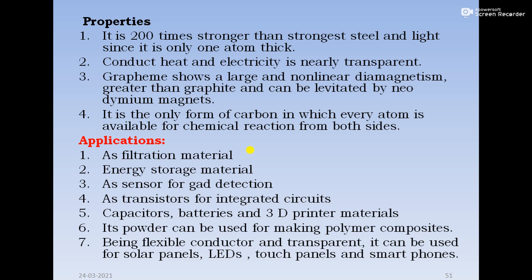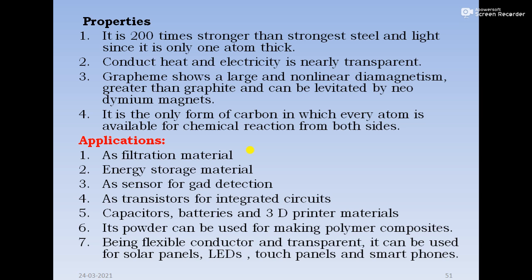Now the properties of graphene. First, it is 200 times stronger than the strongest steel, and light, since it is only one atom thick. It conducts heat and electricity and is nearly transparent. Next, graphene shows a large and non-linear diamagnetism, greater than graphite, and can be levitated by neodymium magnets.